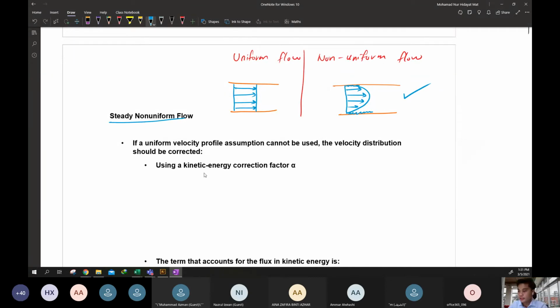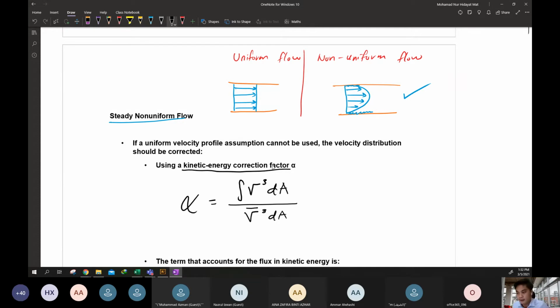We must use the corrected kinetic energy. I don't want to show you the derivation, it's quite long, but this is the kinetic energy correction factor, alpha. Alpha is equal to the integral of velocity cubed dA over the cross-sectional area, over average velocity cubed times A. Can you see the dA and V cube cancel each other?